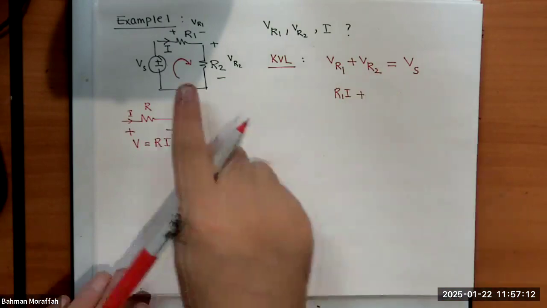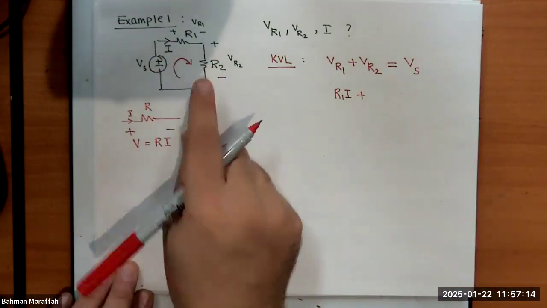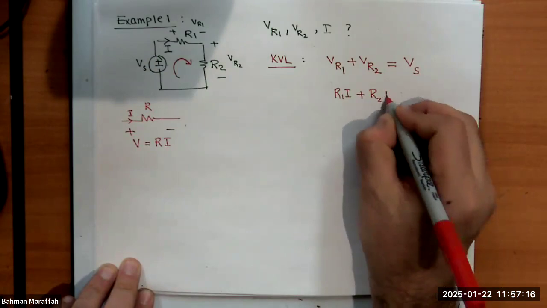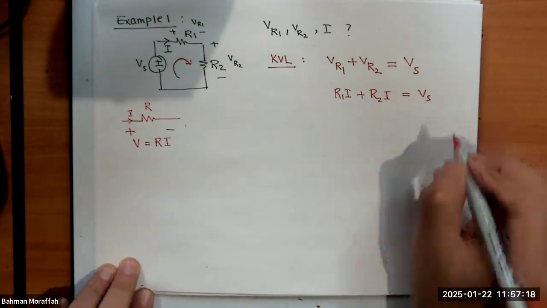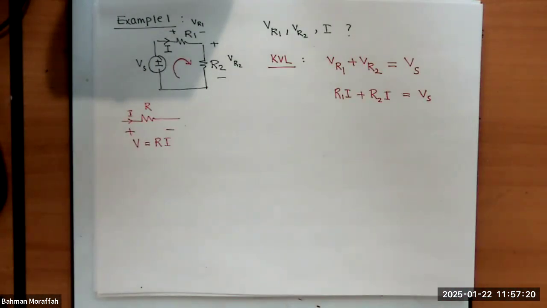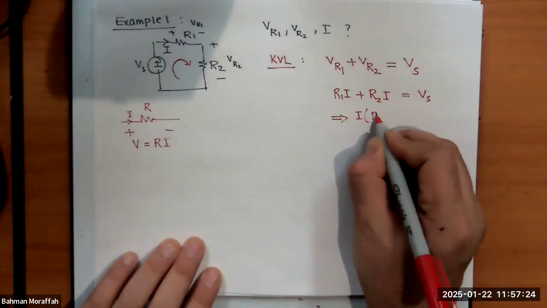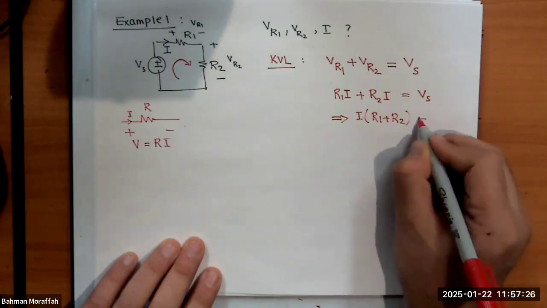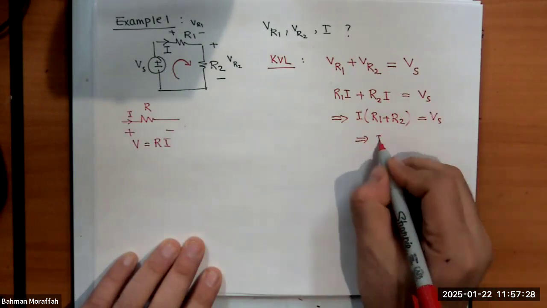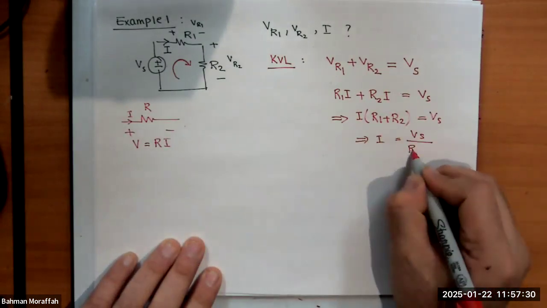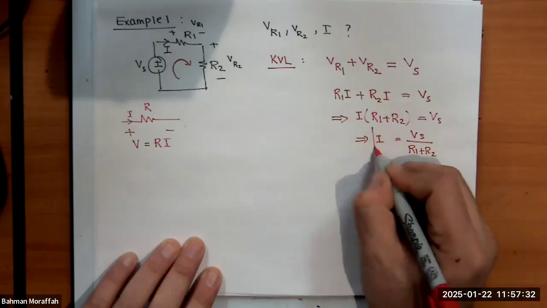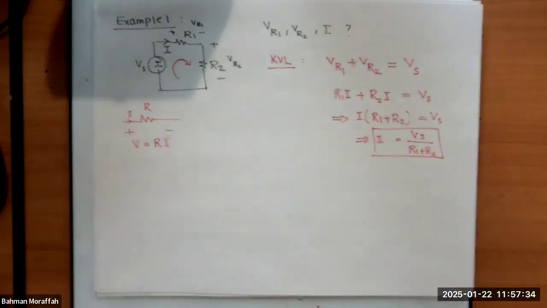It's R2 times the exact same I, because they're in series. So it's R2 times I, that equals Vs. So I can simply find I. I can factor out this I, and that's Vs. Therefore, I is Vs divided by R1 plus R2.